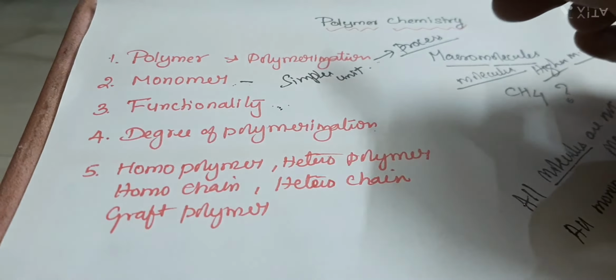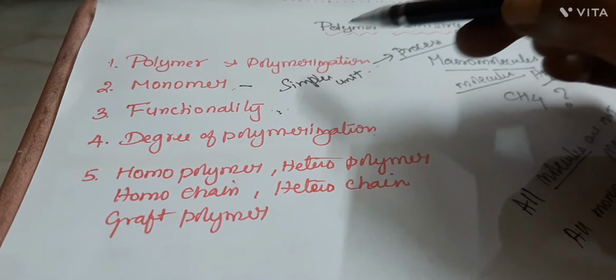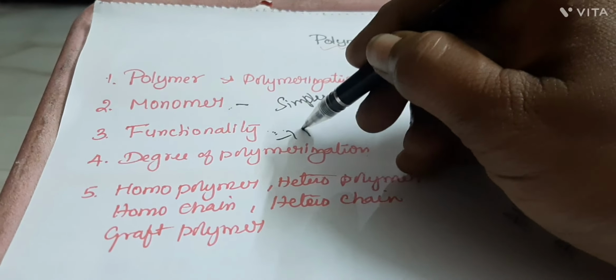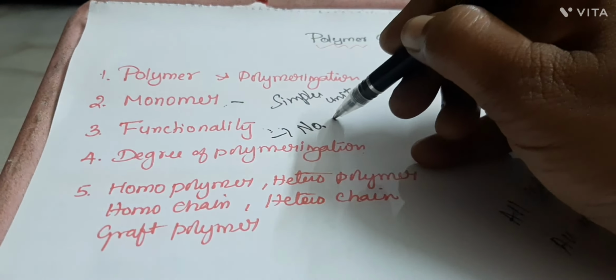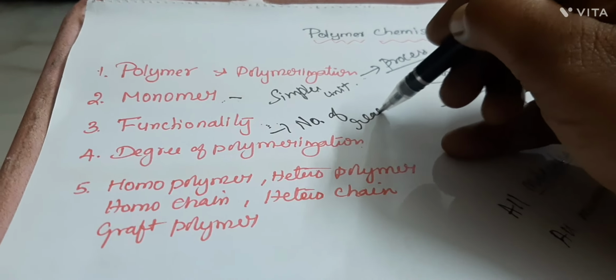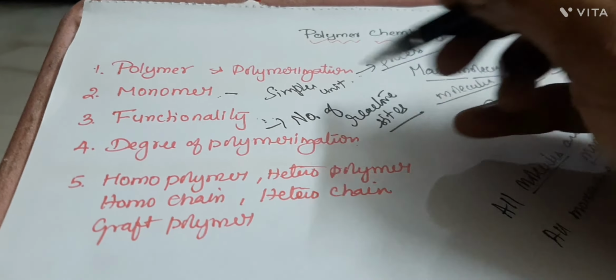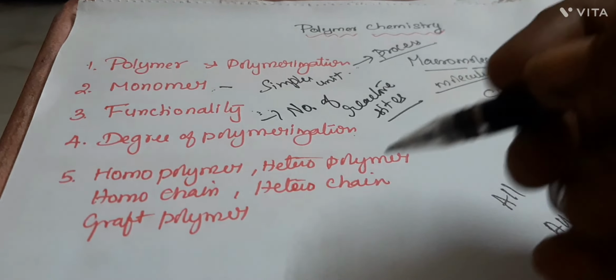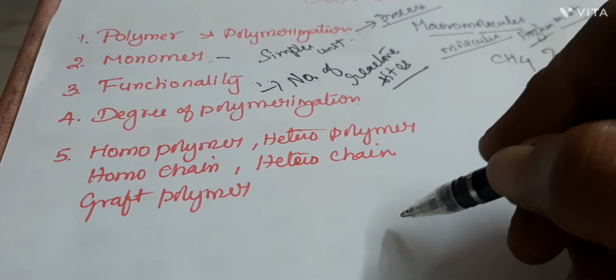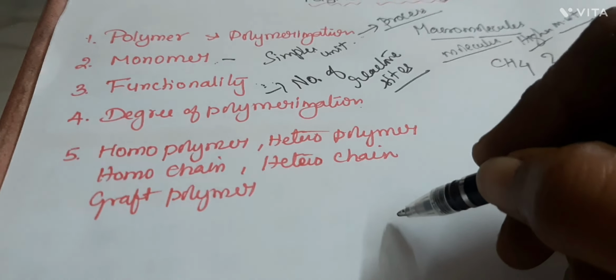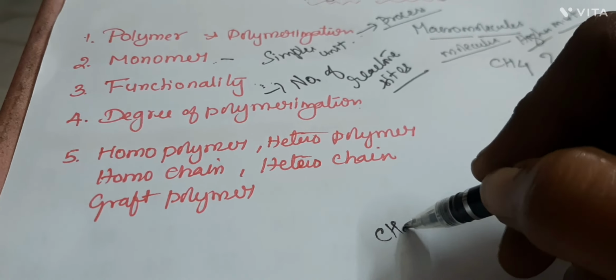Next, let us see what is meant by functionality. Functionality represents the number of reactive sites present in a molecule. For example, methane doesn't have any functionality. Now let us see ethene.